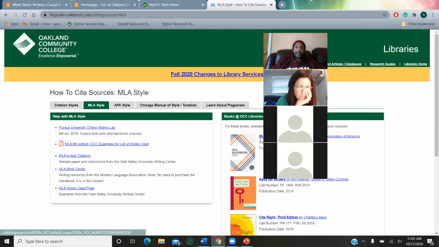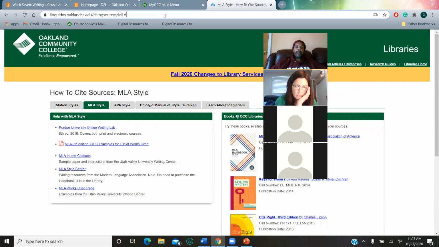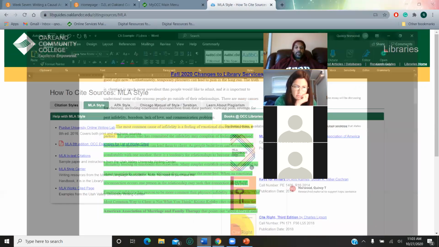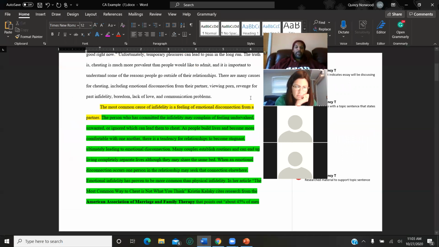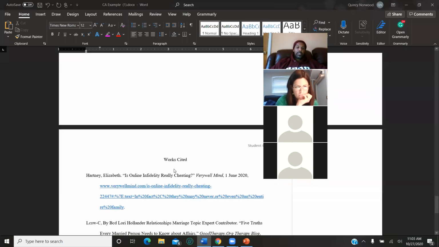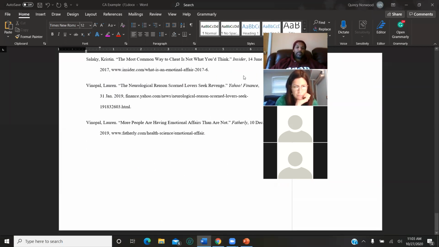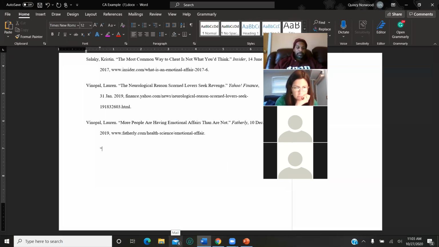And if it's something like an internet article that doesn't have an author for some reason? Use a shortened version of the title. So, for example, if we have a long article like "Infidelity in the 21st Century, as It Applies to Young Couples," we don't want to put that long title.